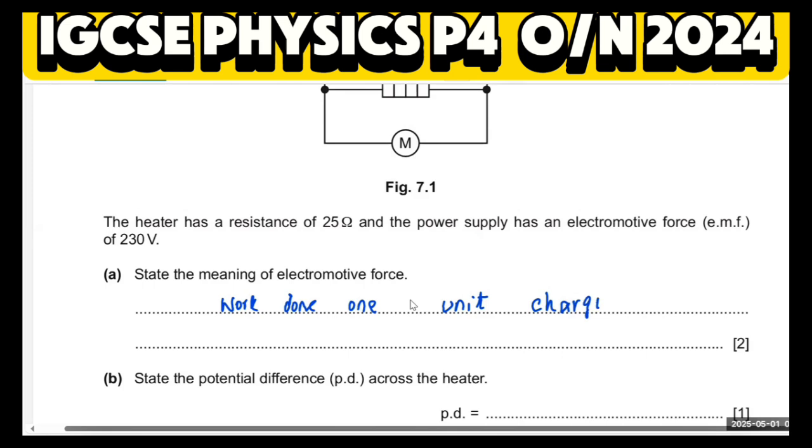Basically the battery provides the energy to the unit charge, and the unit charge moves throughout the circuit. So this is the EMF, and you can also mention EMF is equal to work done per unit charge for 1 mark for the first point. So these are 2 points. Make sure you write 2 points.